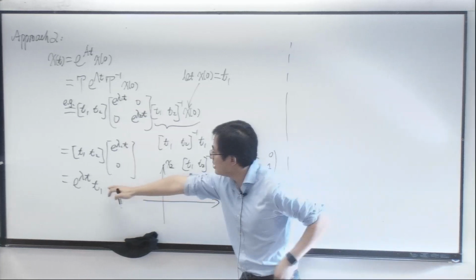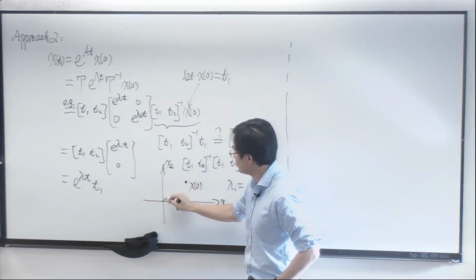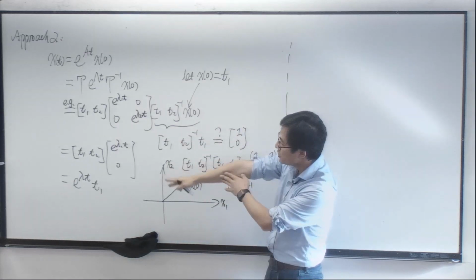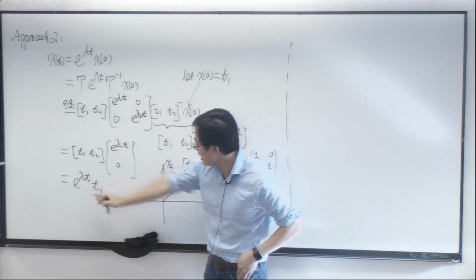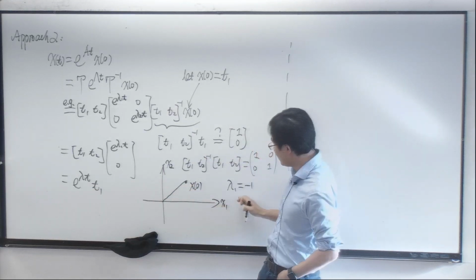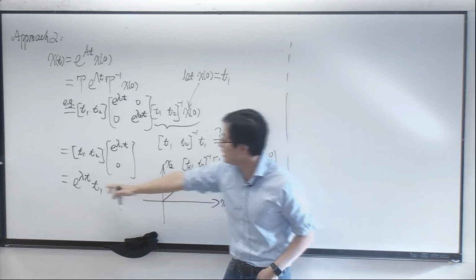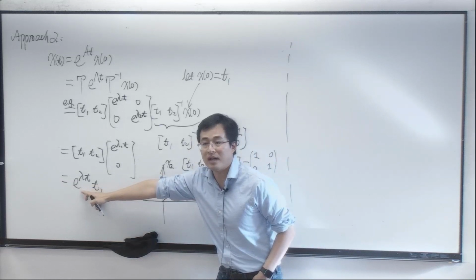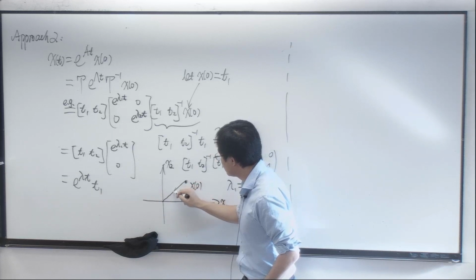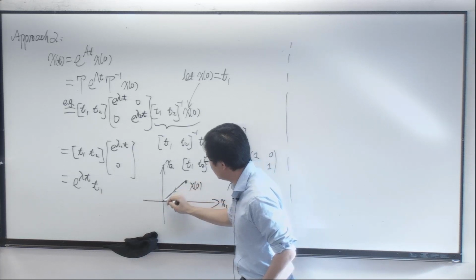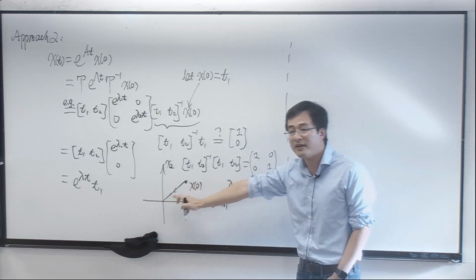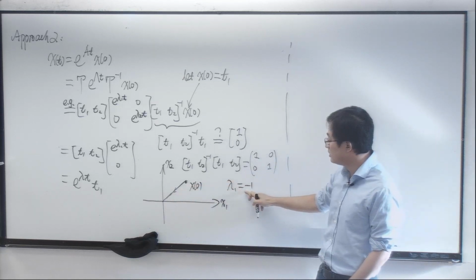So this is then saying that as t moves on, you're going to scale this original vector by e^(lambda1 t). So if lambda1 is -1, you're going to be going gradually to 0, right? So this is saying your state trajectory is going to start here and then move to here. And how fast it moves depends on your eigenvalue.